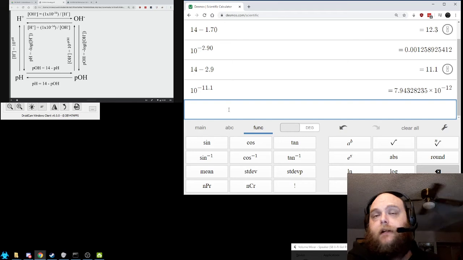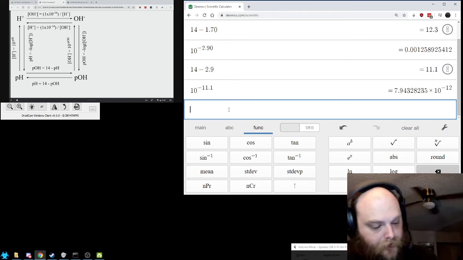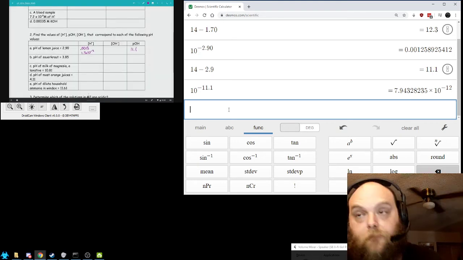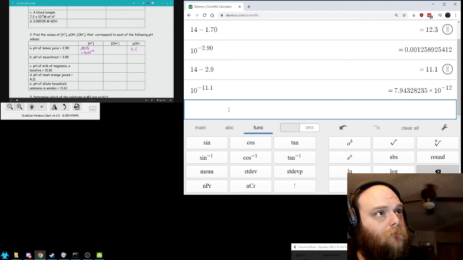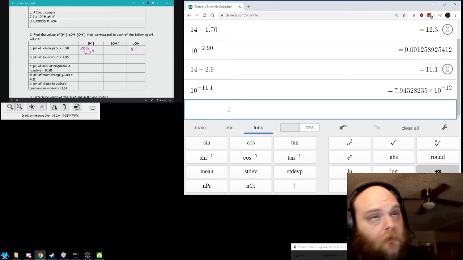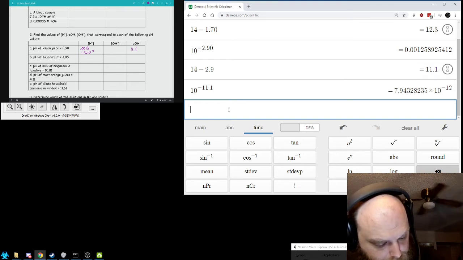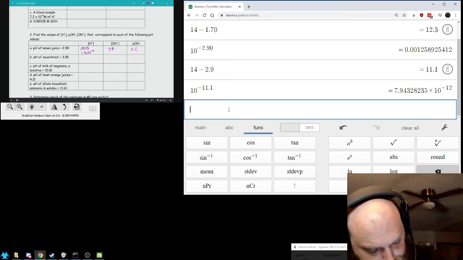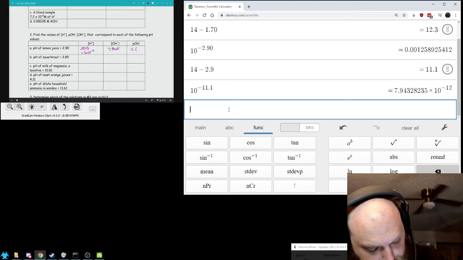We're going to get an answer in scientific notation, and that's acceptable. Give me 2 numbers after the decimal place. So the OH minus concentration in this is 7.94 times 10 to the negative 12.